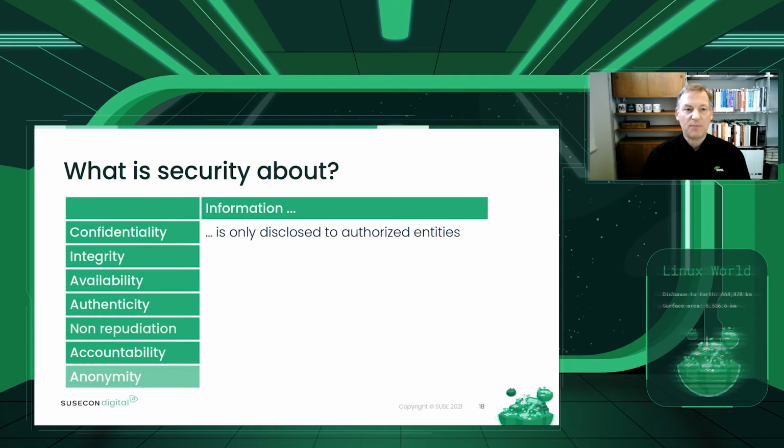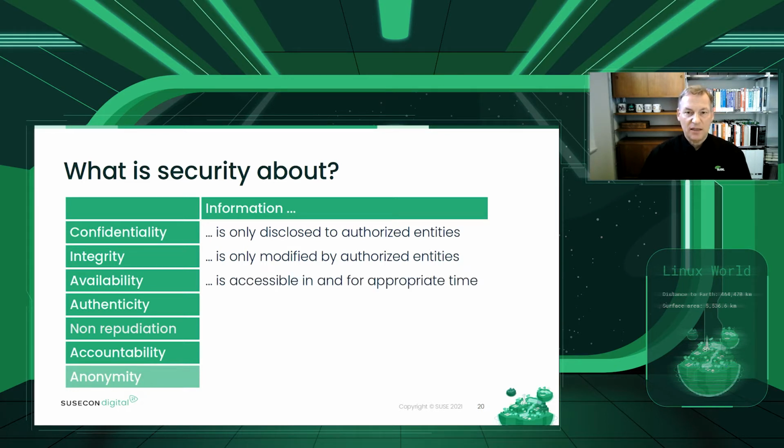The second aspect is integrity. Information is only modified by authorized entities. There is the aspect of availability. This means that the information is accessible in an appropriate time, so this means quickly. It also means that the information is accessible for an appropriate time.